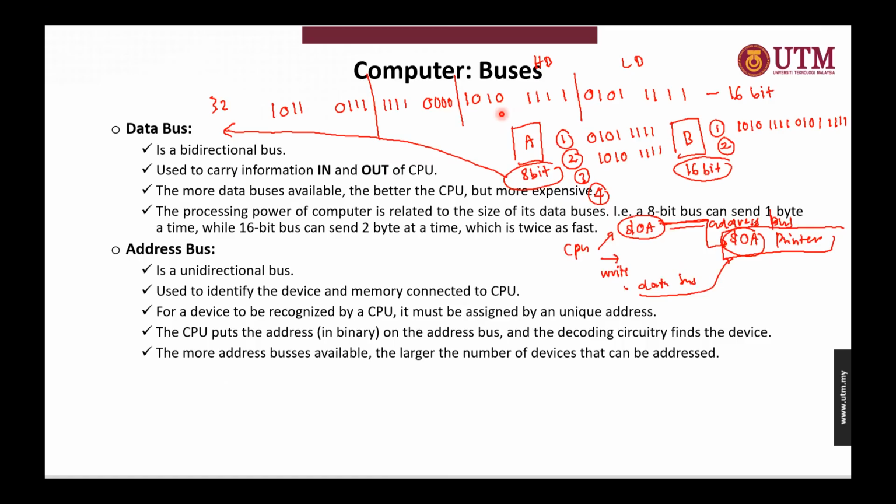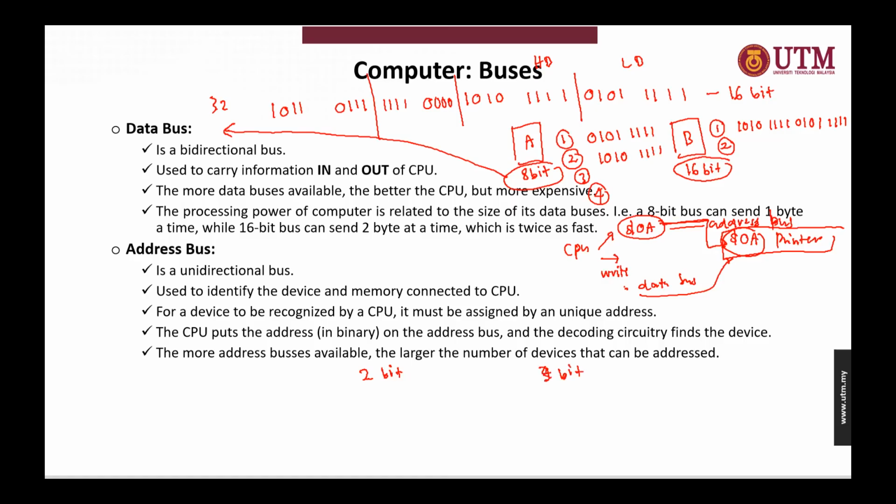Okay, I give you a simple example, right? So I have a 4-bit address and 8-bit address. For 4-bit, it is difficult to look at the difference. Okay, 2-bit address and 3-bit address.